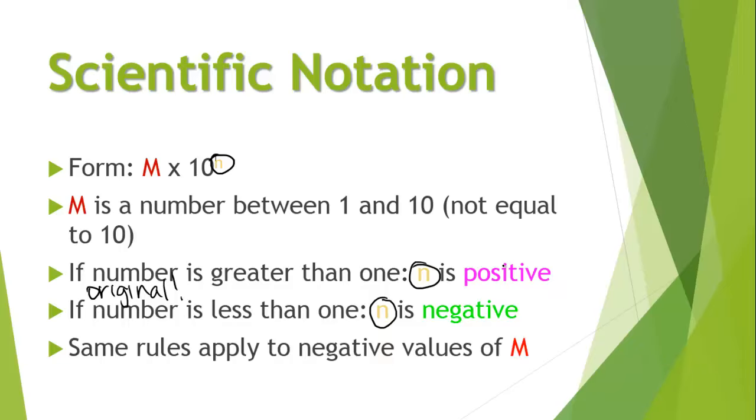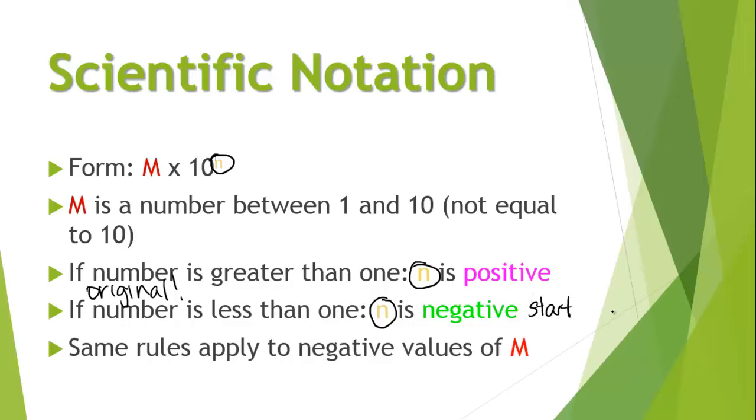Don't think of it as going to the negative side of a number line. We're not going to think of it as less than 1, we're going to think more of the absolute value. What we mean by a number being less than 1 is that these start with a decimal.